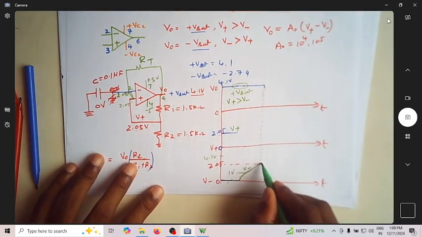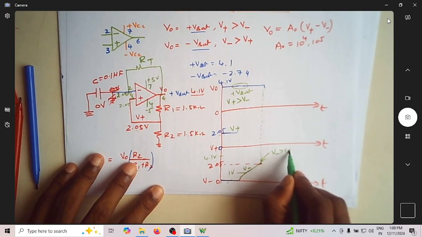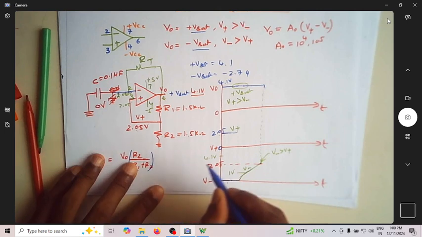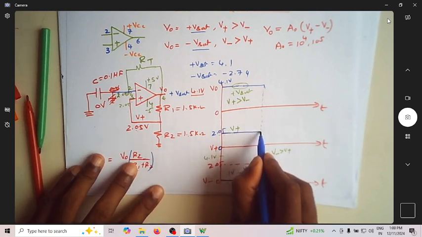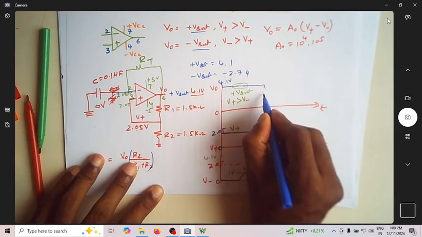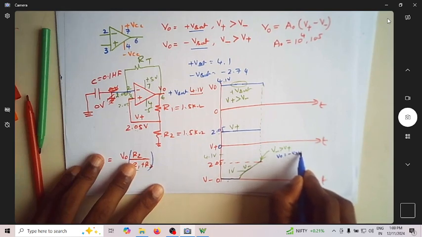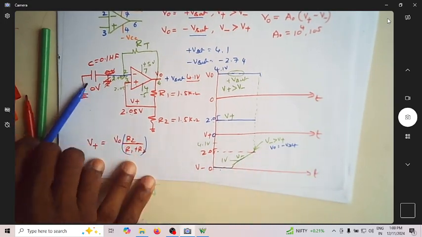At this point, V minus has become greater than V plus. Exactly at that point, can you see now? It has become more than that. So at this point, V minus is greater than V plus, which means V naught has to become minus V sat.